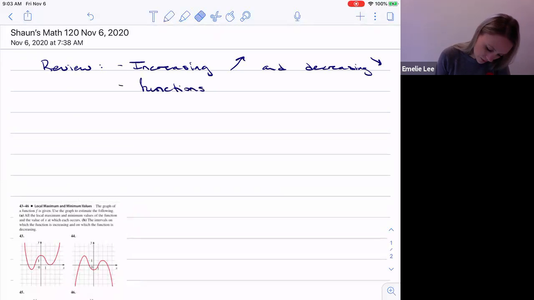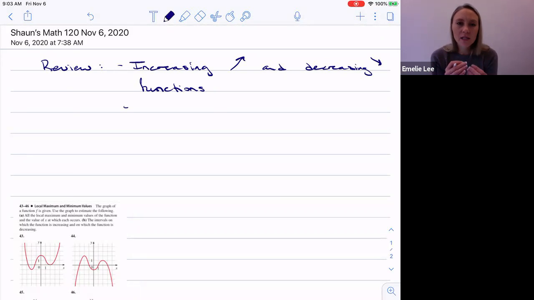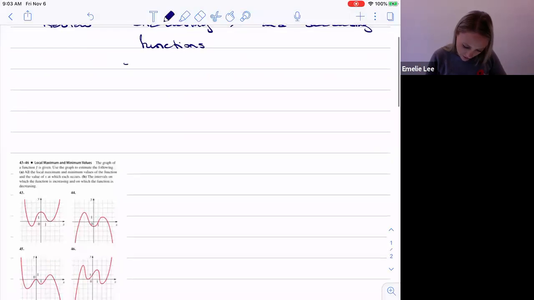We talked about global max and mins, so maximums and minimums. Global max and mins are the overall max and mins. If we look at a graph here, here's a minimum and here's a minimum, and then here's a maximum.